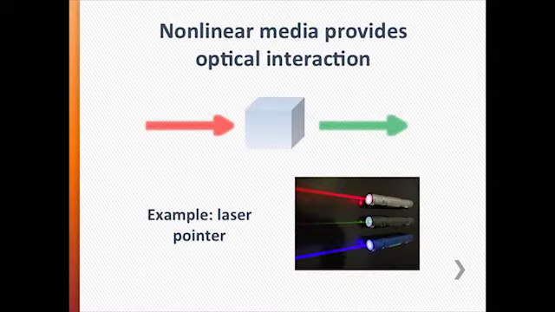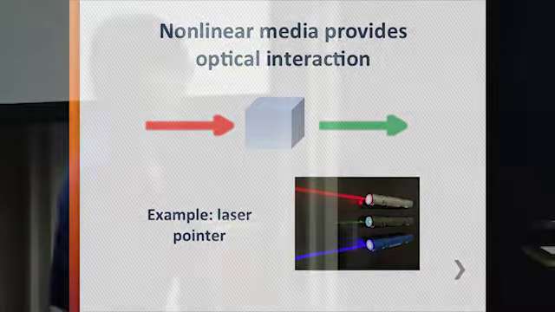Nonlinear media is one special kind of material that exists in nature, and within such material, intense laser light can have interaction. Just like the picture shown here, with a red laser light coming in, you can have green laser coming out. One great example would be the laser pointer. In order to have a green laser pointer, you generate red light inside and use a small piece of nonlinear medium to turn it into green.